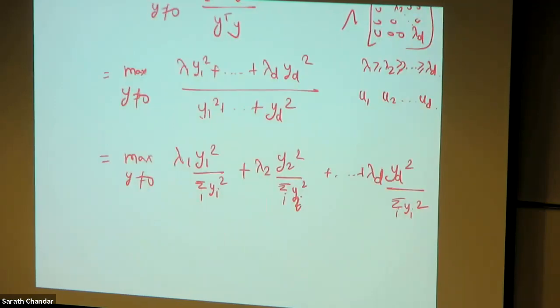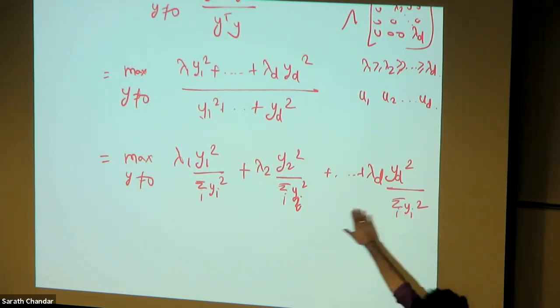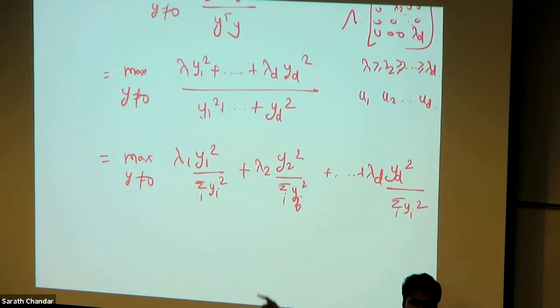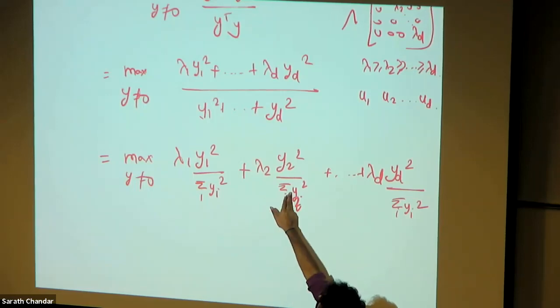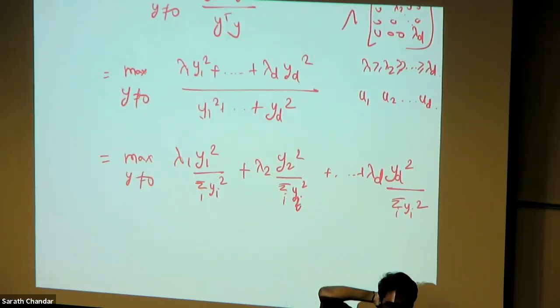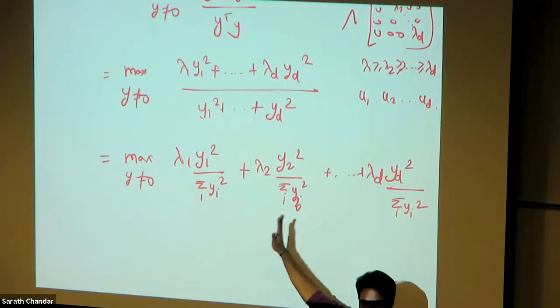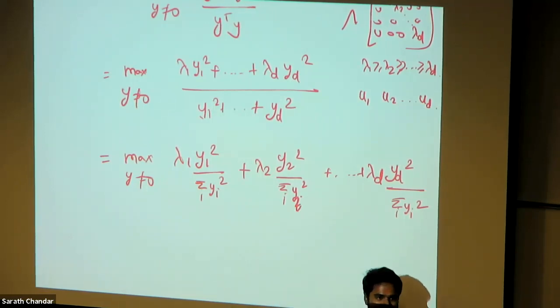Now this is where we use some basic properties. You have a bunch of lambdas combined by a convex combination, since the weighting coefficients sum to 1. You have a convex combination of a bunch of values, and you are interested in finding the max.